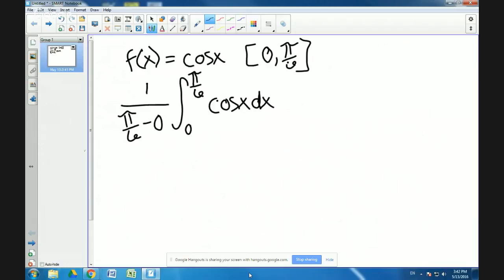Okay. Now, after you get to this point, it's really simple. You're just solving an integral. You have 1 over pi over 6 in the front, and then the integral of cosine is sine x, with limits from 0 to pi over 6. Now you can just solve for this.